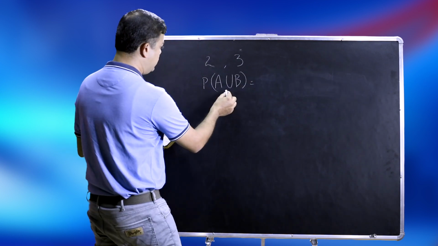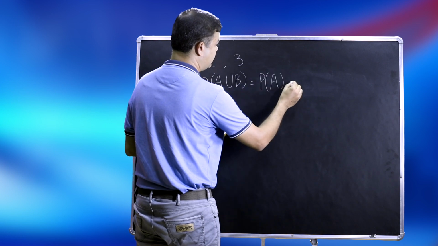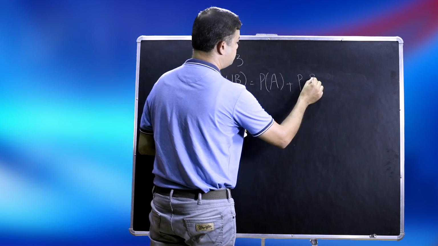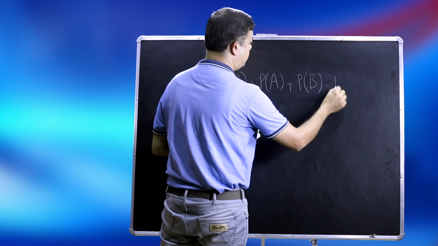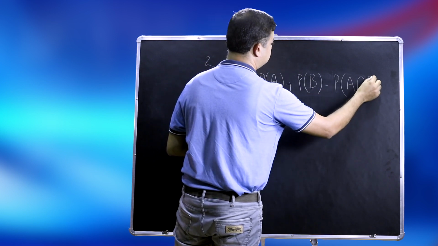So probability of A union B is equal to probability of A plus probability of B minus probability of A and B.